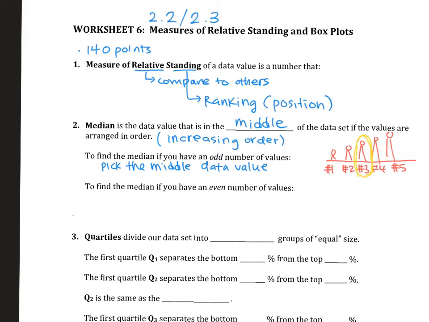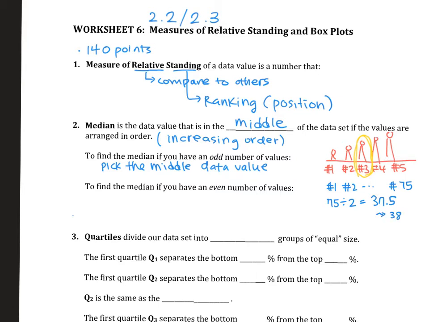If it's 5, it's pretty easy to count. But what if I have, like, 75 people? It'll be a little hard to see where the middle is. So if I were to do it in a more systematic way, I'll do 75 divided by 2. If you calculate that out, you're going to get 37.5. I'm going to round that to 38.